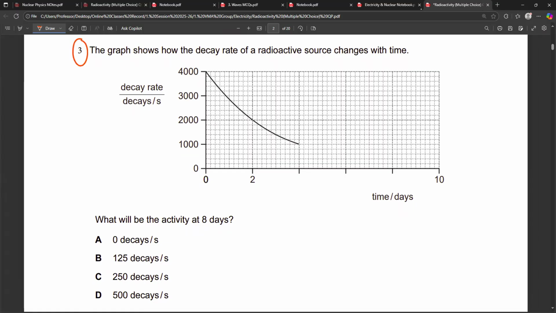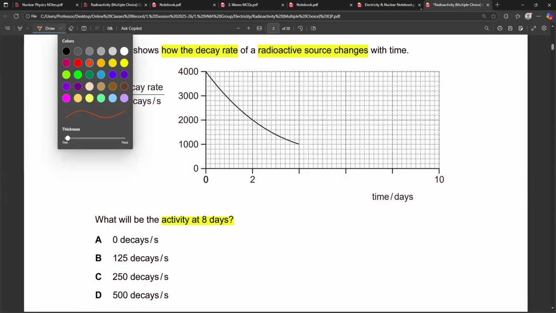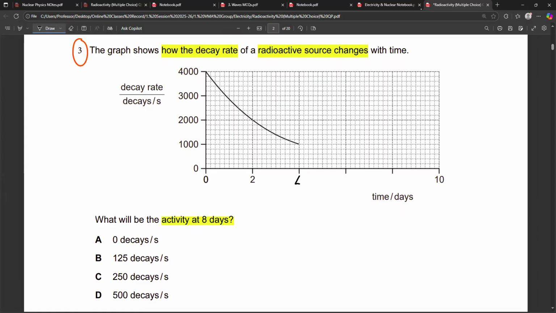So for example, in question 3, the graph shows how the decay rate of a radioactive source changes with time. What will be the activity at 8 days? So basically some numbers are missing. This is 4, 6, 8 and 10.